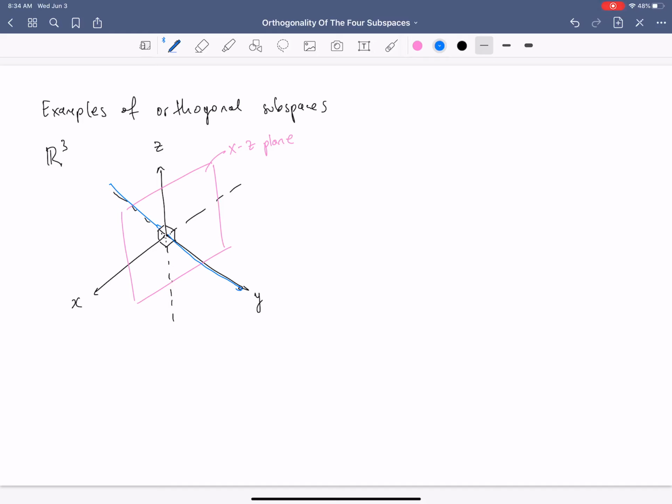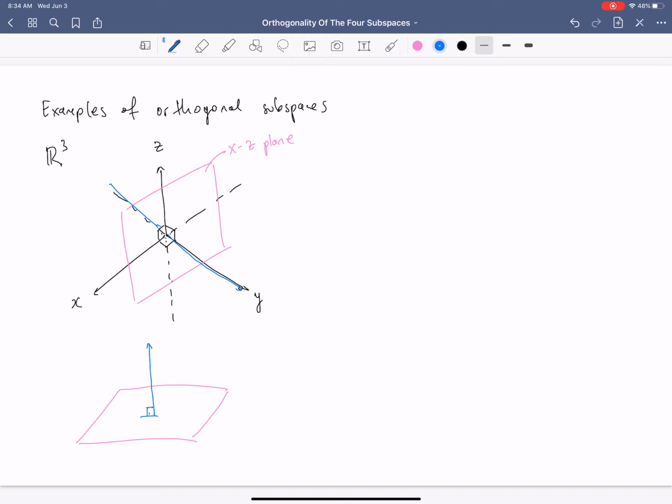Normally when we try to use planes as examples of orthogonality, we do something like this, and then there is a vector coming out from that plane, and we call that vector orthogonal to that plane, or the normal vector.